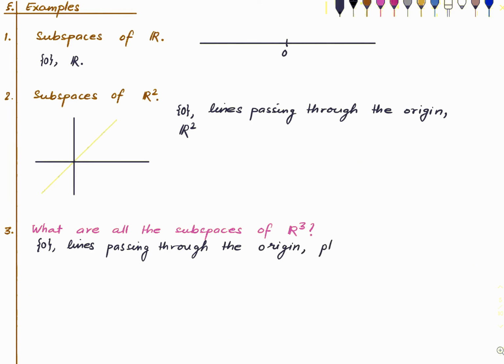Planes passing through the origin. And lastly, the entire thing. These are all the subspaces of R3, but you have to prove it, or at least convince yourself fully. As you learn more and more linear algebra, this will become a trivial thing. But this should feel right. It shouldn't feel foreign.